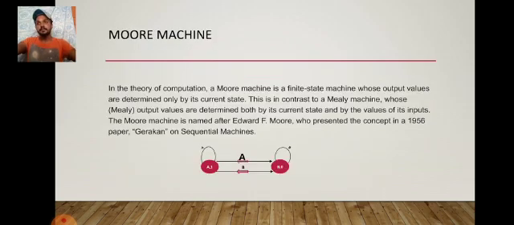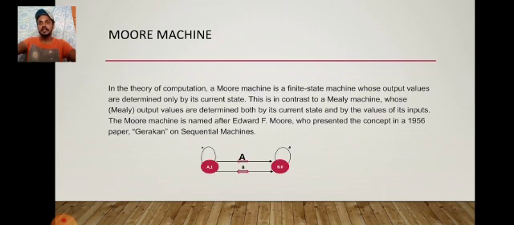So, Moore machine. In the theory of computation, a Moore machine is a finite state machine whose output values are determined only by its current state. This is in contrast to a Mealy machine, whose output values are determined both by its current state and by the values of its inputs.